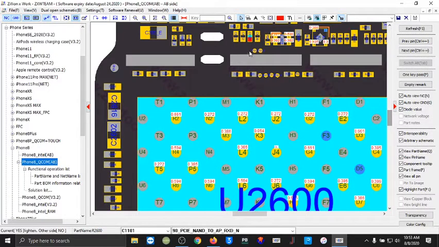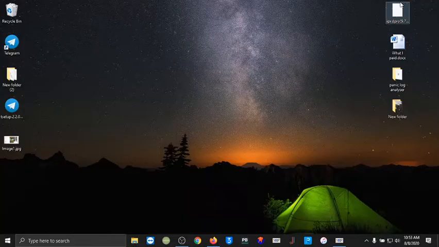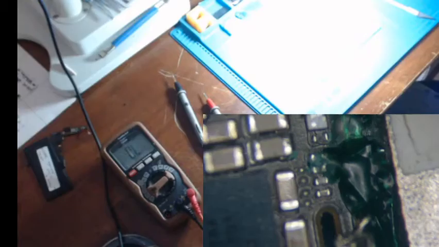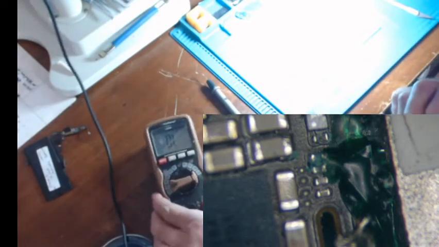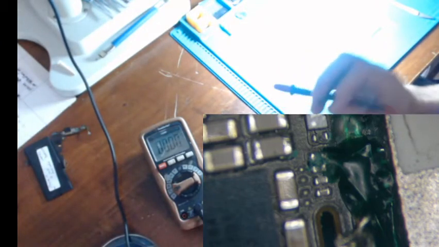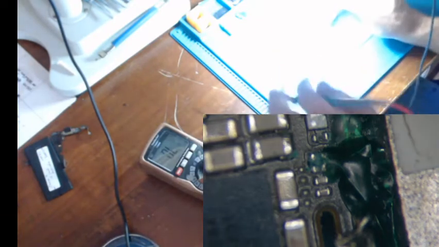So I took a reading here and here. Let me show you. I'll just minimize this. Get my multimeter out. You can see right now it's at OL. That is diode mode, so I'm going to put red on ground.